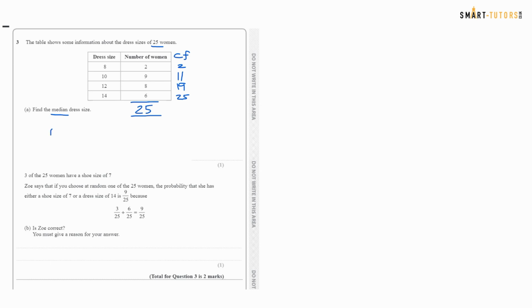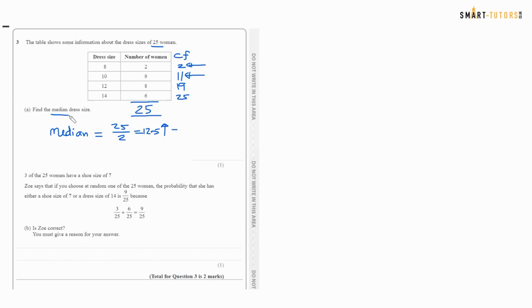So median means the middle number. So median equal 25 divided by 2, which is 12.5. So 12.5 is the 13th data. So the 13th data, the 2 is going to be here, until 11 is going to be here.